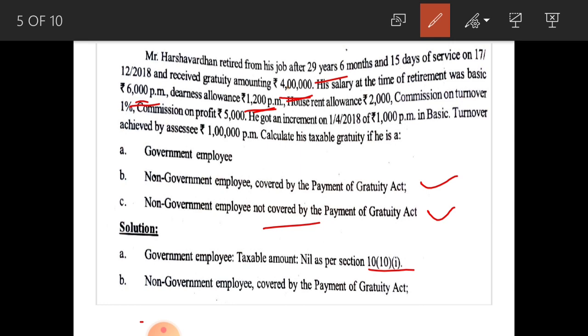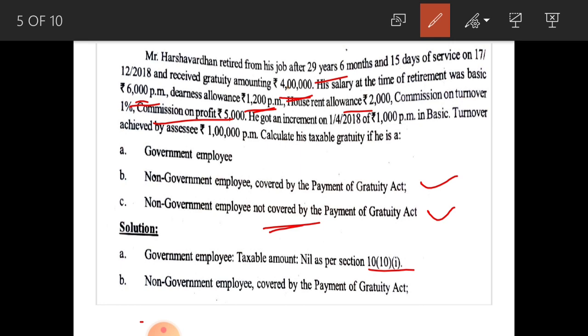You have to ignore house rent allowance, and you have to consider commission on turnover 1% for not covered by the Payment of Gratuity Act, and here you have to ignore commission on profit also, because you cannot consider this for the calculation of gratuity amount.